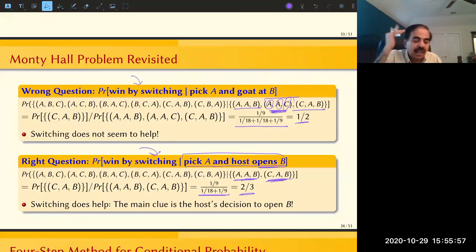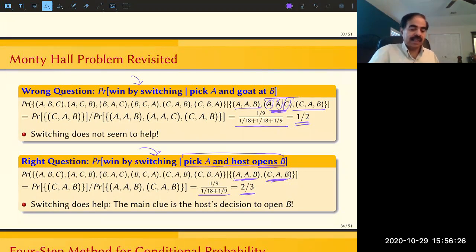If we omit the host's action and simply look at what our choice is and what is behind door B, then we might end up analyzing the wrong problem and arrive at the wrong probability, right? But if we look at exactly what the host is doing, then we will come up with the correct analysis.